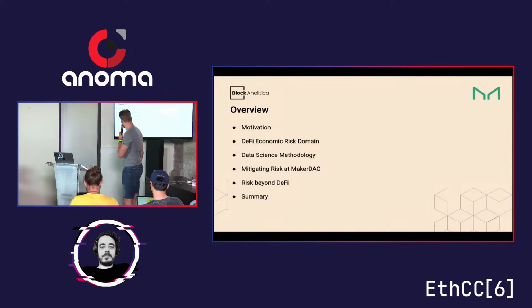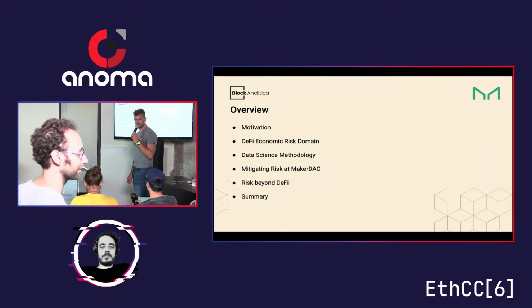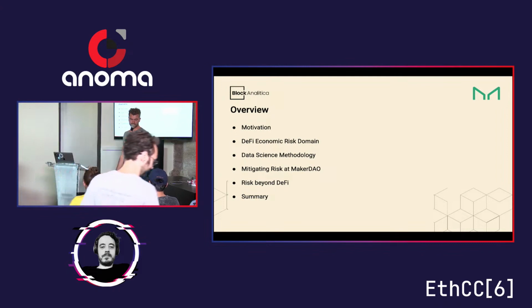The outline of the talk: first I'm going to motivate both risk data science and how it intersects with economic risk in token-based systems in general. Then I will go on to presenting the economic risk, especially as it pertains to the DeFi ecosystem.